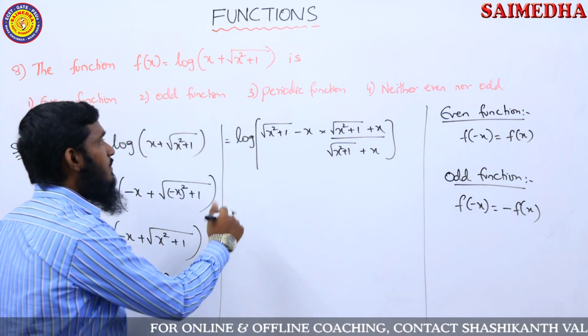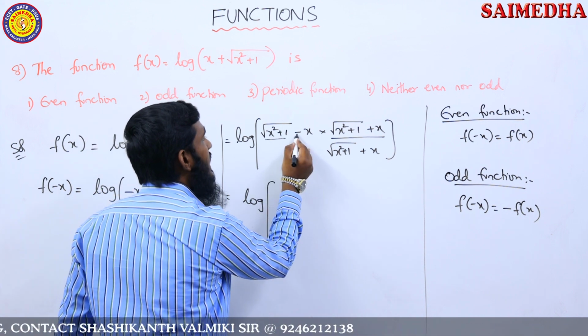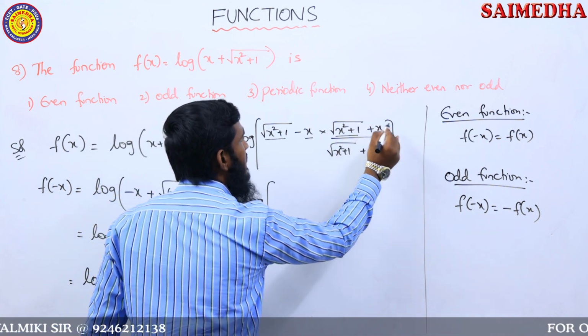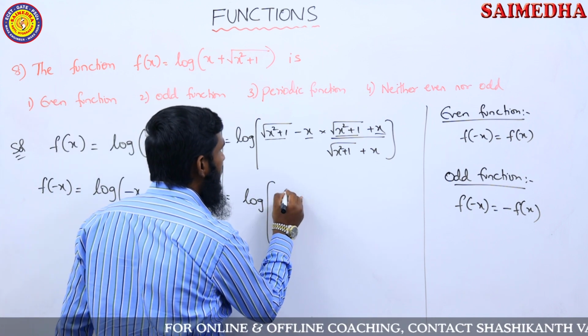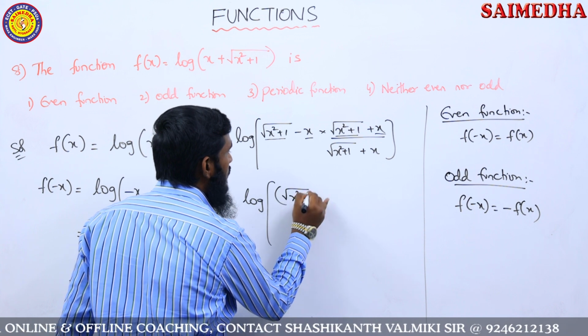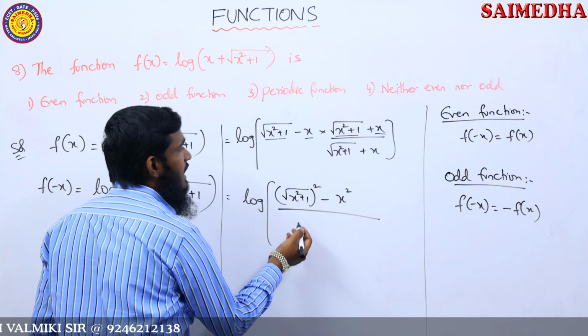Now let us simplify this one. The log part is as it is. Now (a - b)(a + b) is a² - b², so the numerator is (√(x² + 1))² - x², divided by x + √(x² + 1) in the denominator.